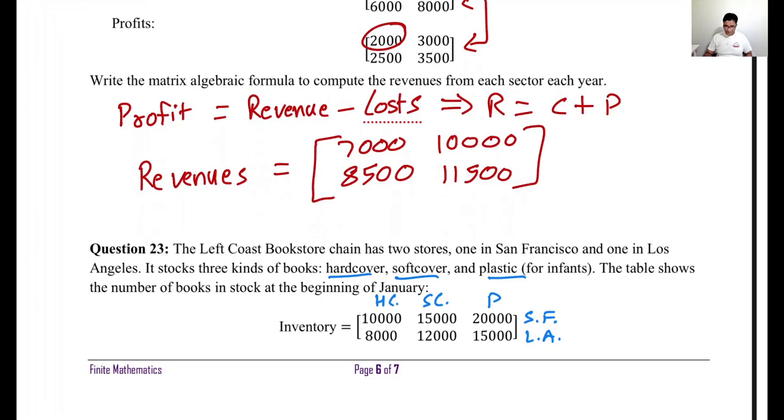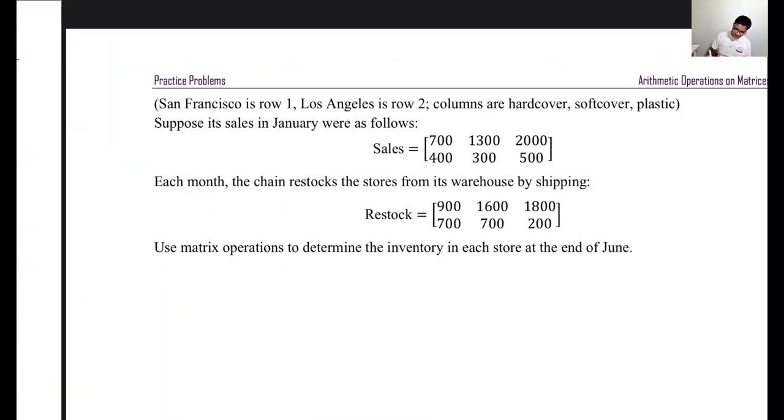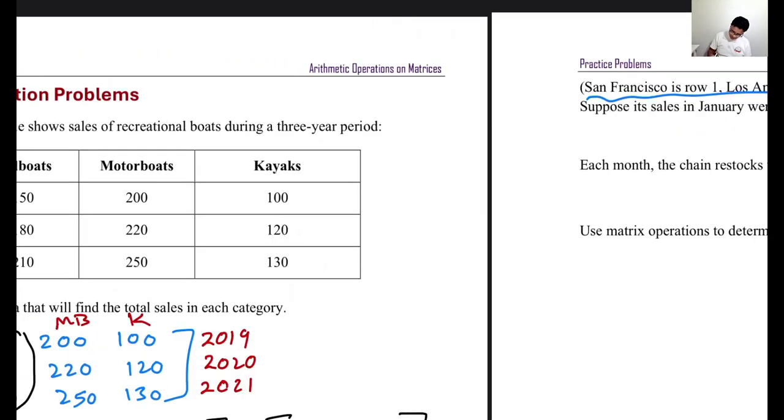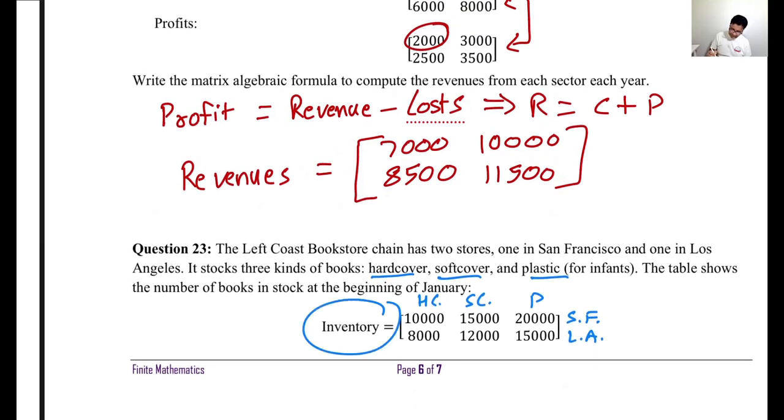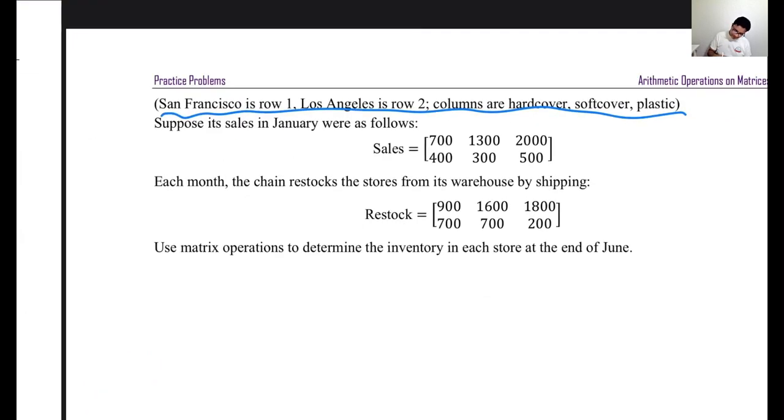The same in other matrices also. That order is explained here, and on this page what you had was the inventory at the beginning of January, and in January this was the amount of sales. Again, San Francisco and LA, hardcover, softcover, and plastic.